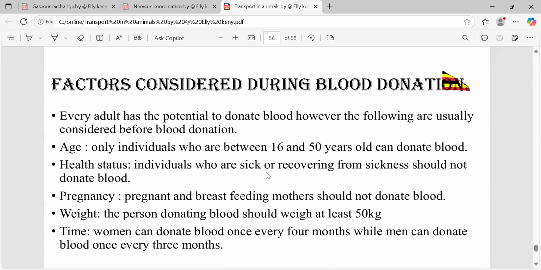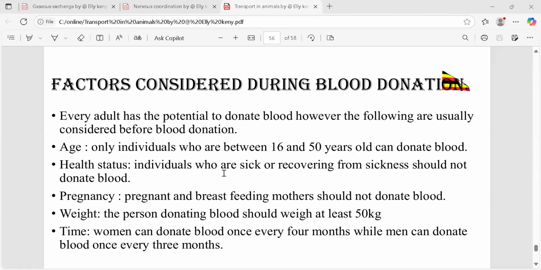So I'm sure you people, are you adults anyway? Some are adults. No, you're not even young adults, you're adolescents. So am I allowed to donate blood?